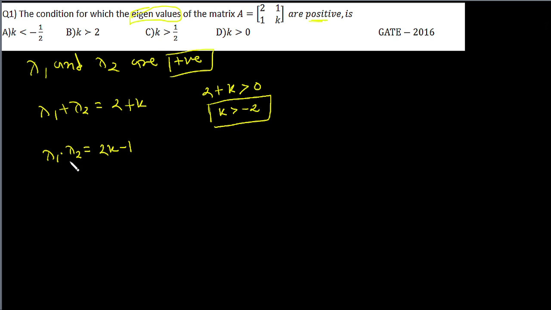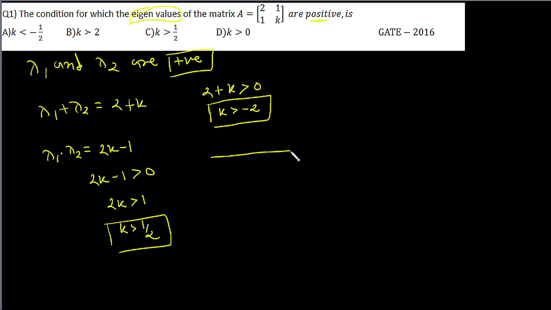Since lambda 1 and lambda 2 are positive, their product is also positive. So we can say 2k minus 1 is greater than 0, so 2k must be greater than 1 and k must be greater than 1 half. So here we got the conditions.